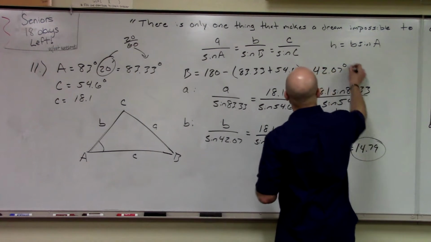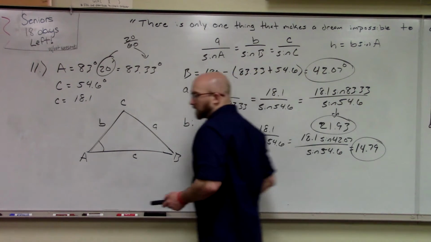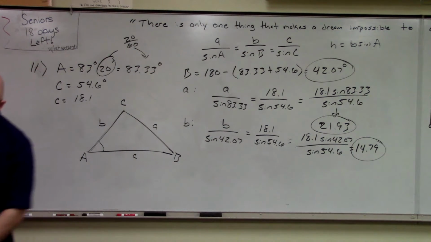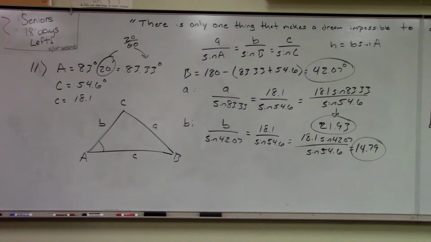So there are our three answers, and if we look, A is greater than B. So if we go back to those special cases, just to check, which I went over earlier, when A is greater than B, we only have one solution. So that's how you solve those ones. I'm going to do one more example, one with two solutions, so let's do one of those.